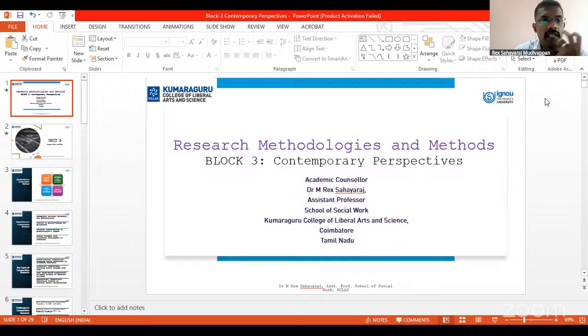As I said in one of my classes, the working hours of women in the household are higher than men's, even when both go to work. So we need to study these things to bring inclusiveness into research.